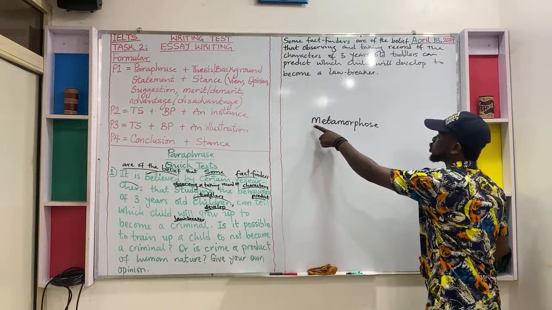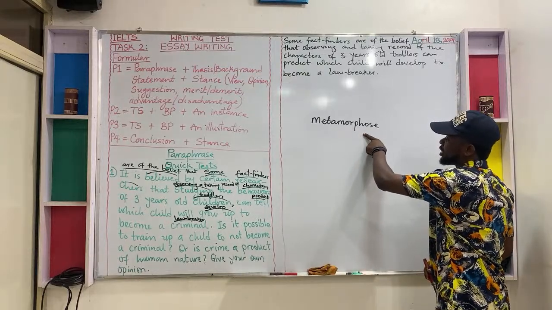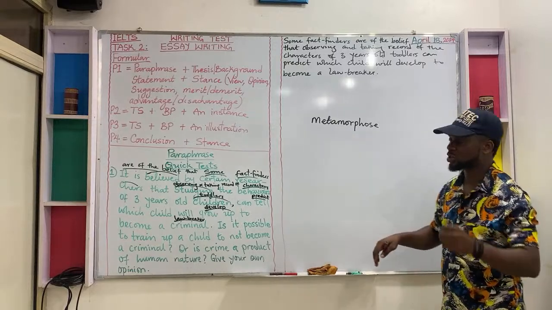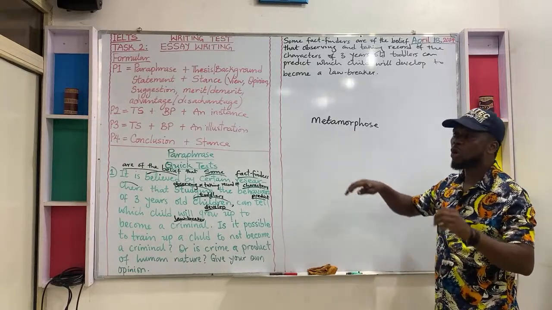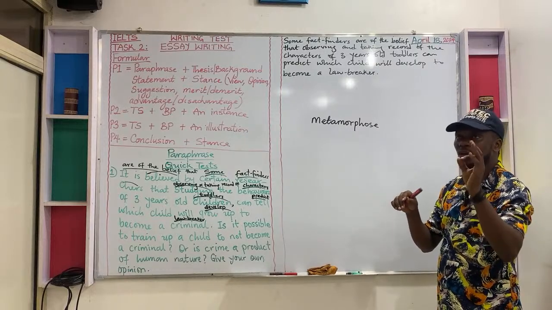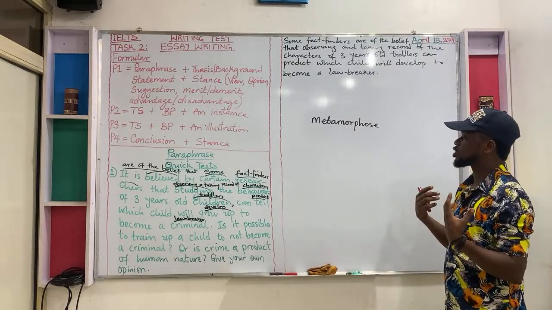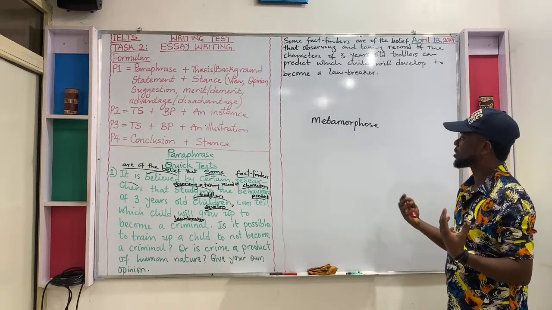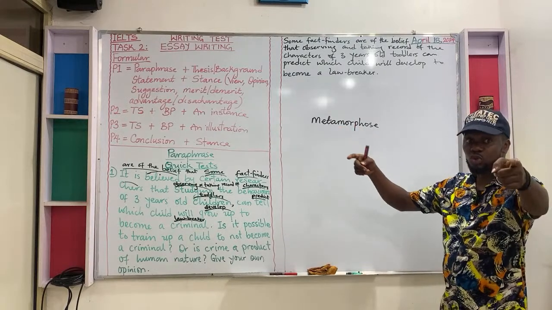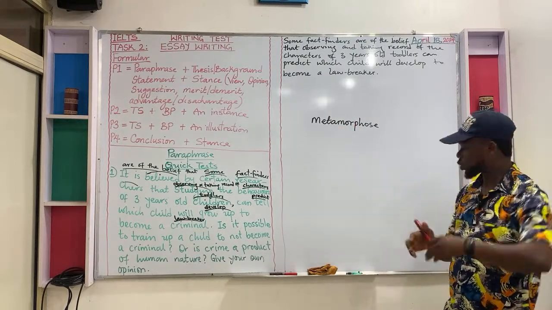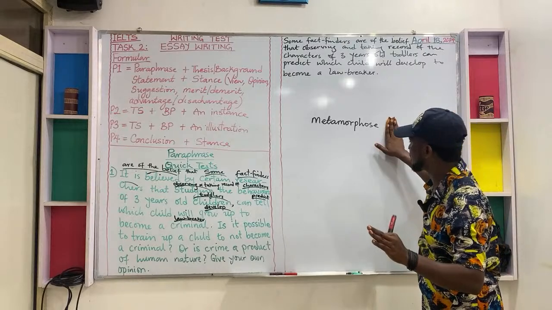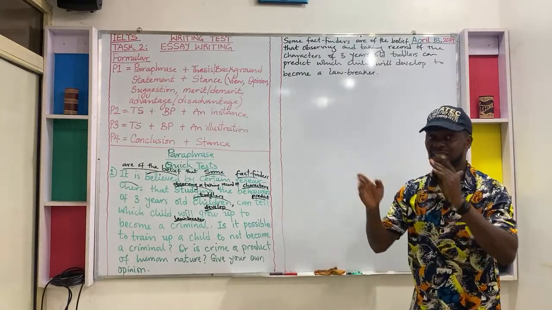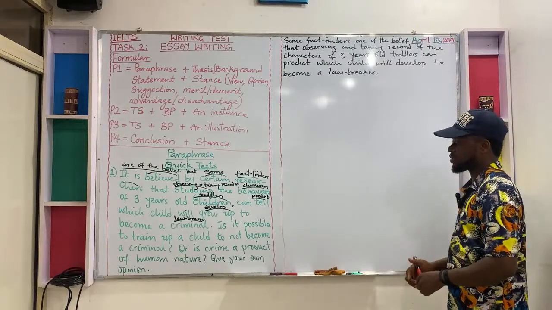You may choose to say to metamorphose into a lawbreaker. But this word is ambiguous. This word is also a turgid word. So if the examiner is not a science inclined person, this will be a problem to you, the test taker. So it is highly advised that you should go for advanced words that are very precise in the context you are writing.